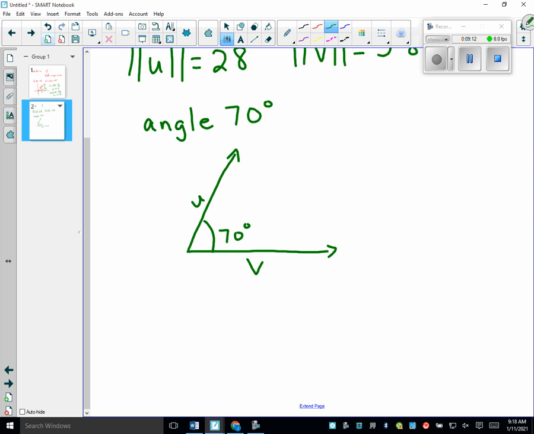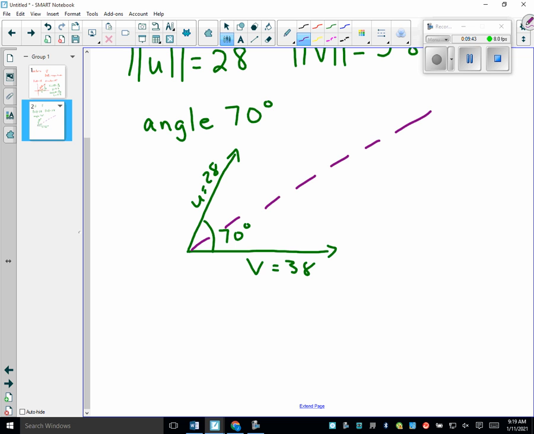What I know is my resultant, or where my object is going to go. This one's pulling 28 this way. This one's pulling 38 this way. It's going to go closer to V, isn't it? But it's actually going to go somewhere like that.